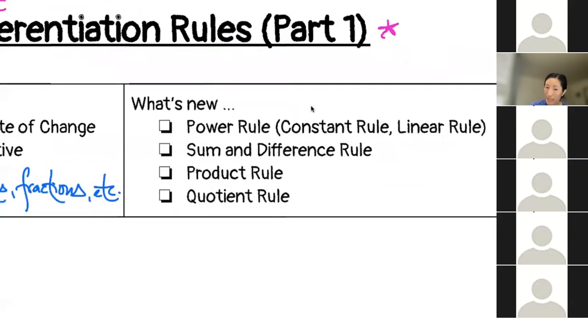But what's new today, we're going to be focusing on a bunch of rules. Now, some of these rules are fairly straightforward. In fact, I think Vincent brought up one of those rules yesterday. But some of the rules seem kind of complicated.